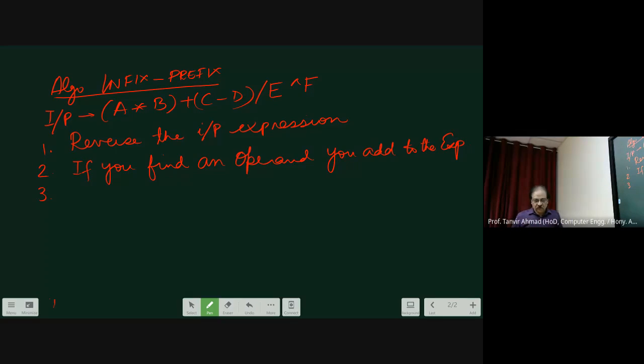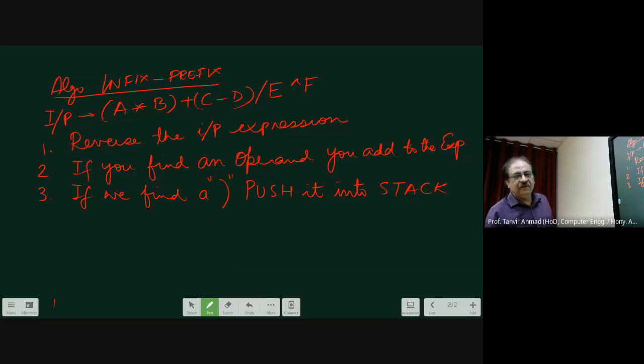Then, if you find a closing parenthesis, that is the right parenthesis, we are going to push it into the stack.